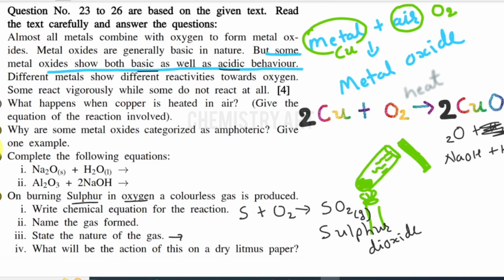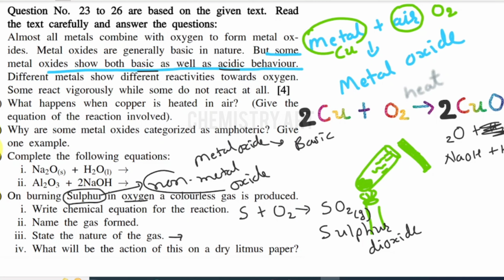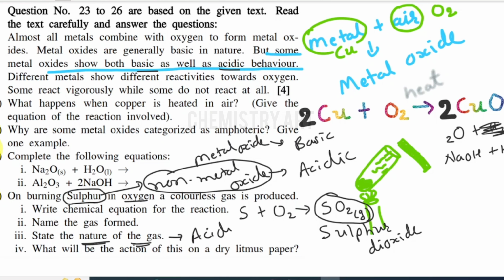Okay. The sulfur dioxide, first of all, you must know sulfur is not a metal. We have learned that metal oxides are basic, but sulfur is a non-metal, and non-metal oxides are acidic in nature. So the nature of the sulfur dioxide will be acidic.